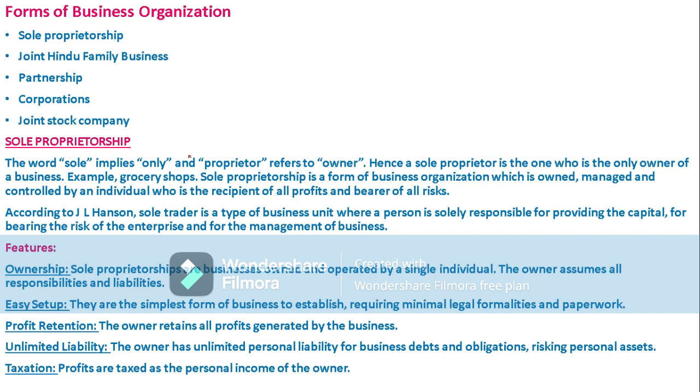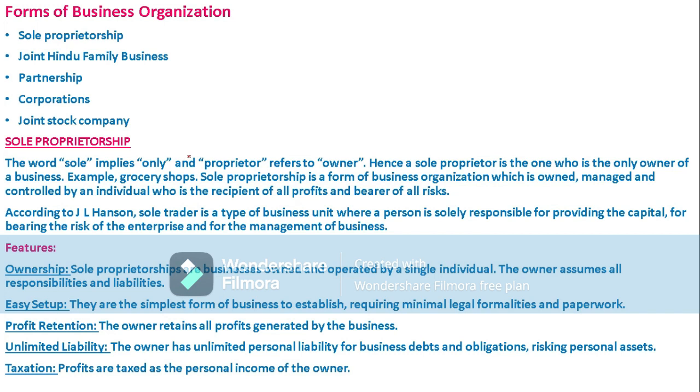Therefore, we can say that sole proprietorship means a sole trader, a person who himself is responsible for providing the capital, for bearing the risk, and at the same time for managing the business. Therefore, he himself is responsible for his business.